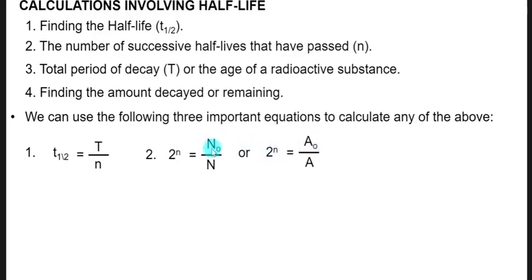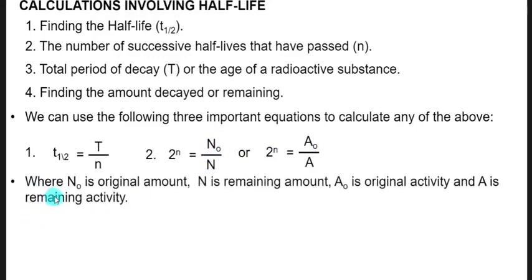But when they say 2 grams, then that one is just the amount. All right, so now N0 is original amount, N is remaining amount, then A0 is original activity and A is remaining activity.